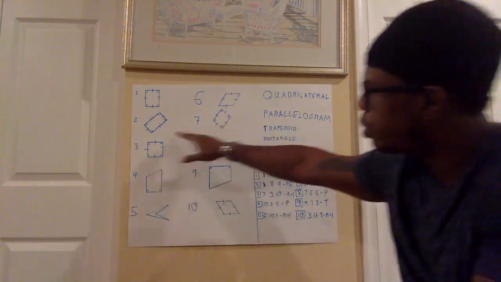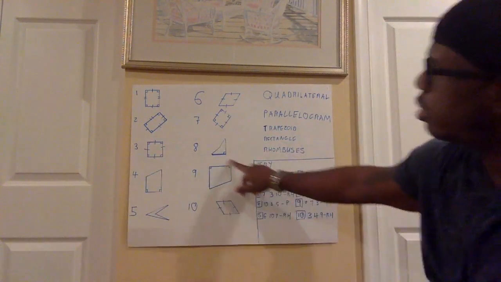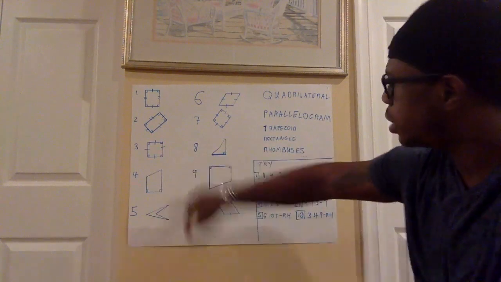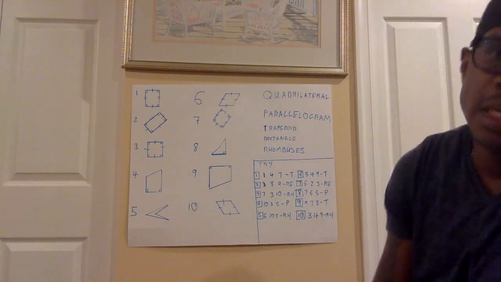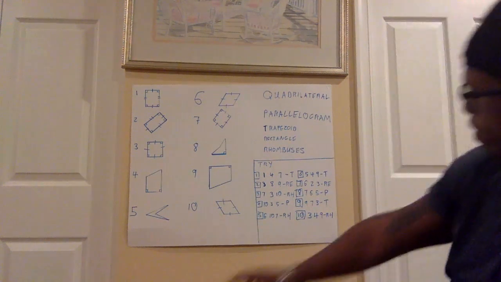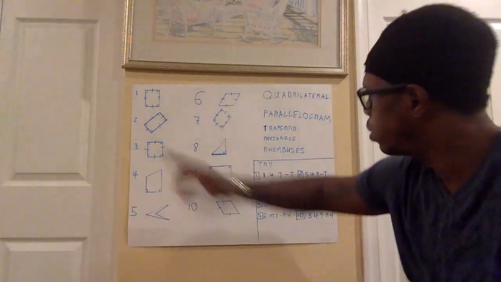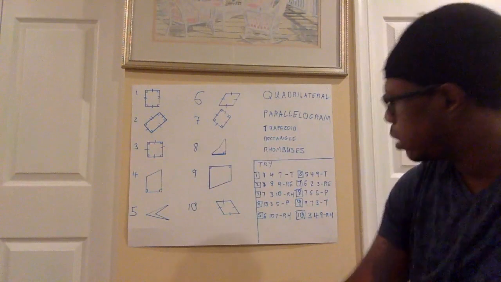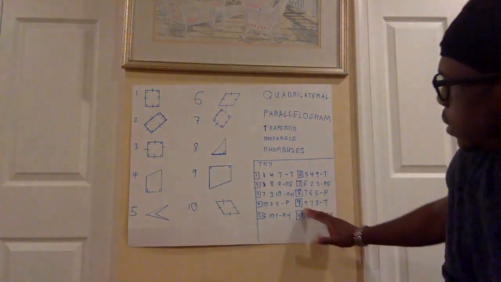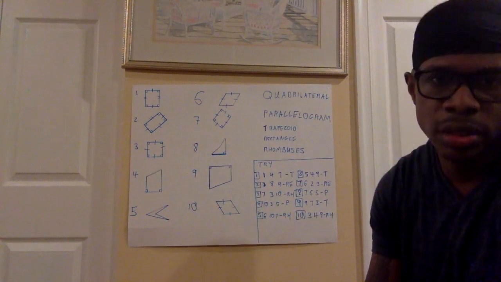So you should only have number 9 circled for number 9. That is the only trapezoid. And then lastly, number 10, we're looking for a rhombus, and we have 3, 4, and 9. The only one you should have circled is 3 for number 10, because that is the only rhombus.